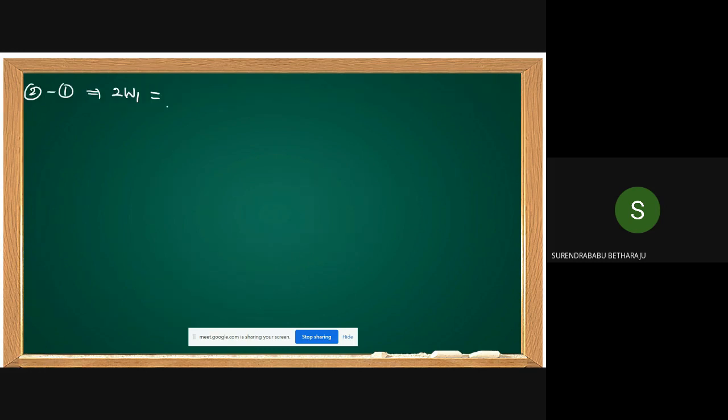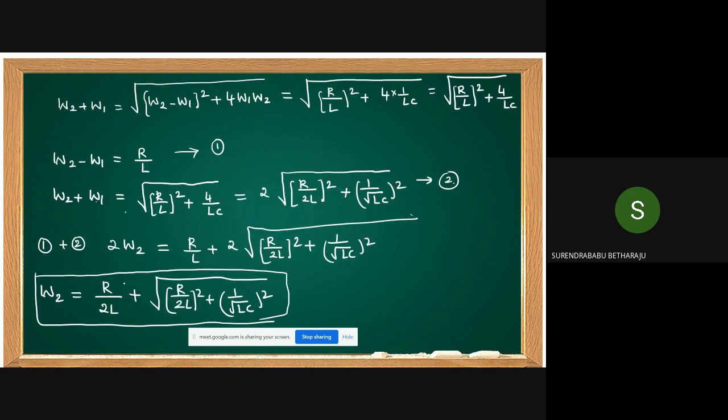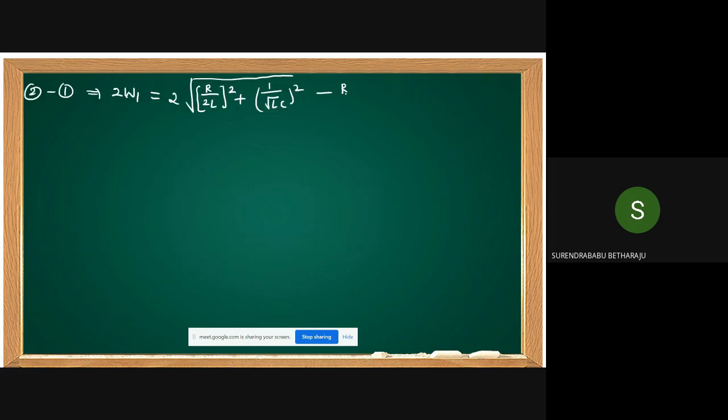2 into square root of R by 2L whole square plus 1 by root LC whole square minus R by L. Then what is omega 1?